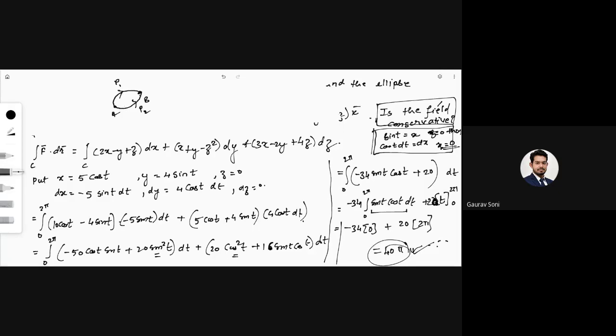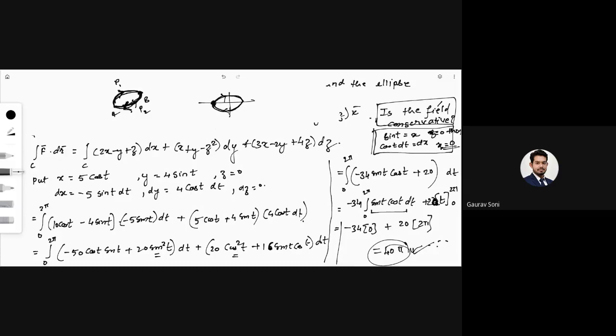Okay, so now you're going from A to B, then you're coming from B to A. So the directions, this work done will get cancelled out with this work done. So as we are working with a complete ellipse, it starts from this point, goes to this point, and again comes to this point.